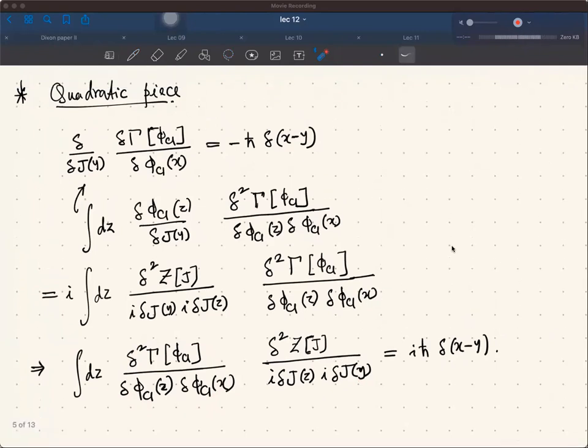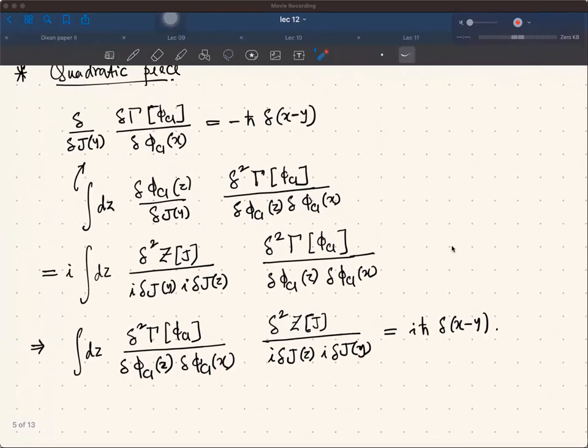So we have shifted the origin of phi CL in such a way that J equal to 0 corresponds to phi CL equal to 0, because we have chosen phi CL0 to be 0, right? So what this would mean is that I calculate this at 0 and this at 0, which is basically calculating the left hand side at J equal to 0.